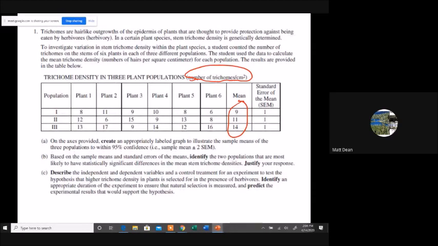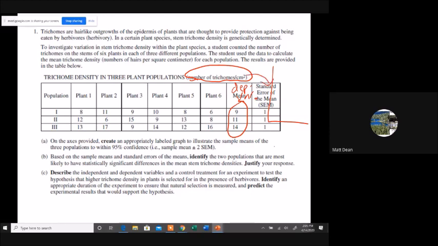If we're graphing means, probably the easiest type of graph and the most appropriate graph is just a bar chart or a histogram. Remember that we're going to do a graph with X and Y. What we always want to put on our Y-axis is the dependent variable, which in this case is going to be trichome density.